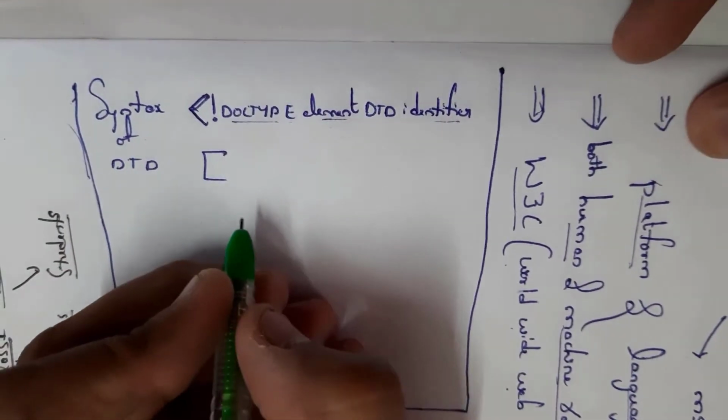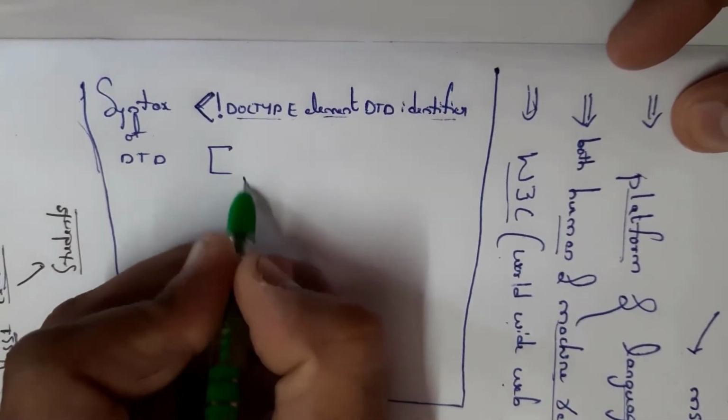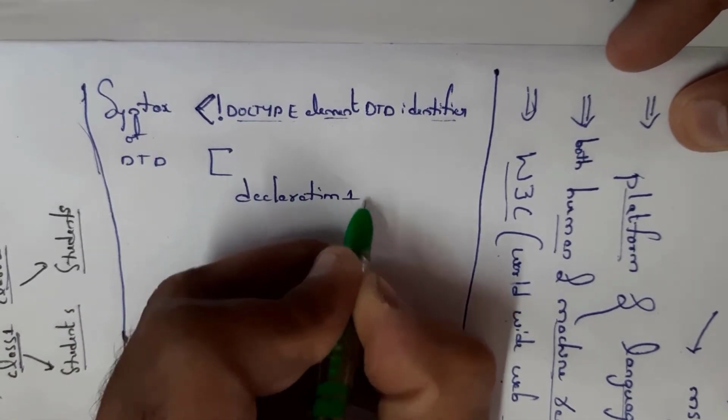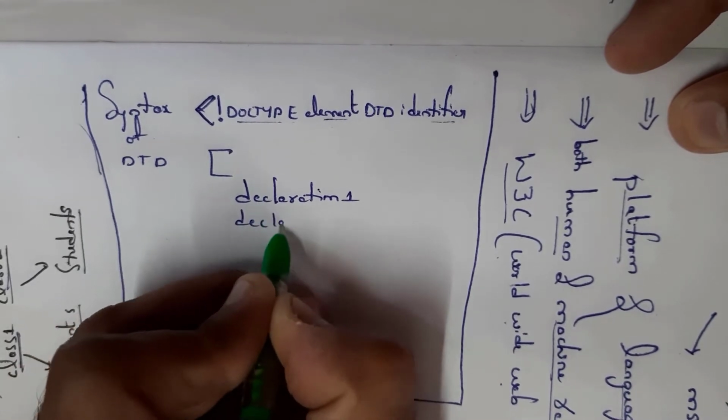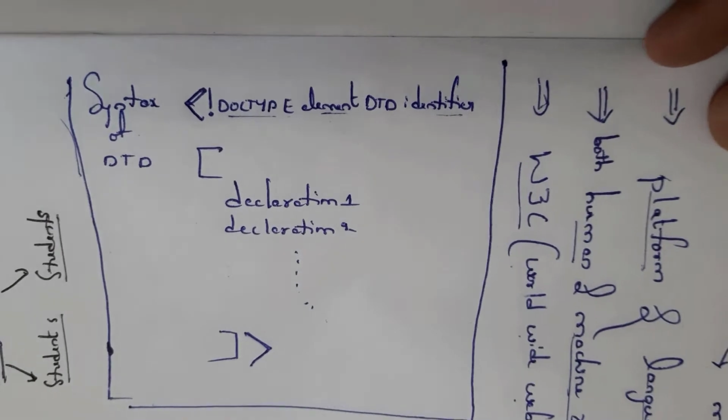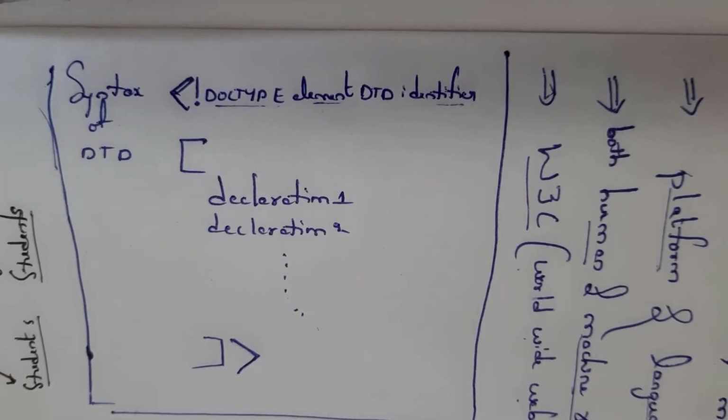Inside this there contain declaration 1, declaration 2, and so on. This is basic syntax of DTD.